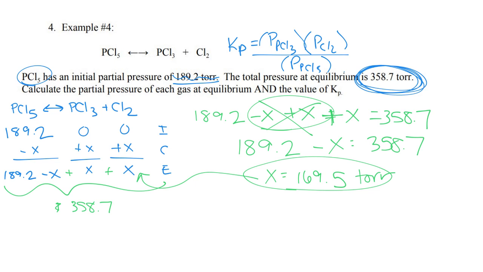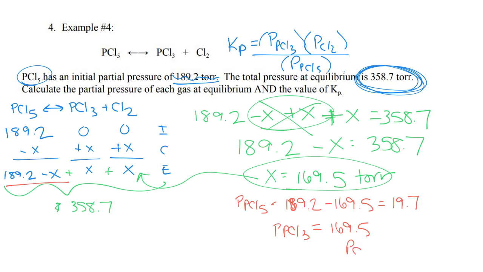So that means that my pressure of PCl5 is 189.2 minus 169.5 because I'm just plugging it in right here. That gives me 19.7. My pressure of PCl3 is just the same as x, so it's 169.5. My pressure of Cl2 is also 169.5.